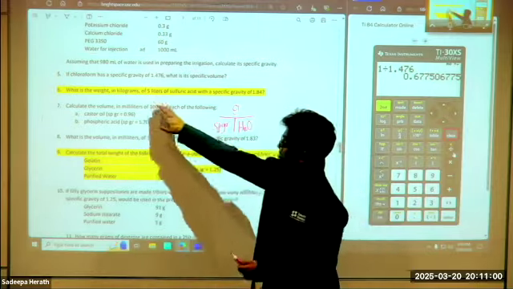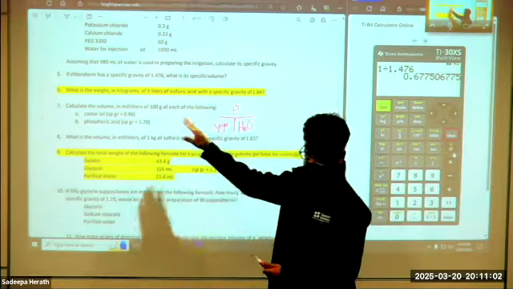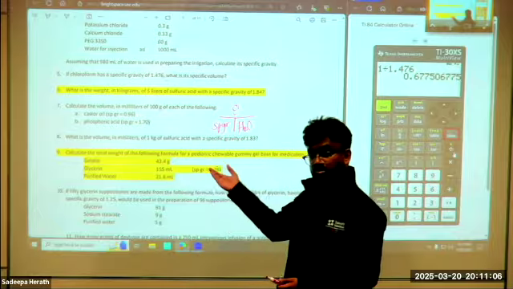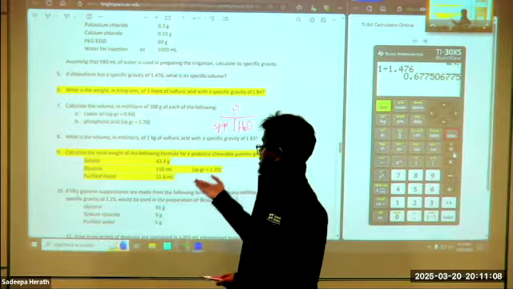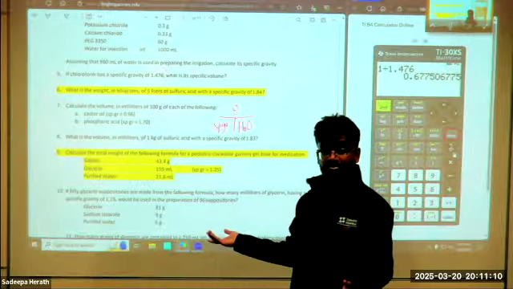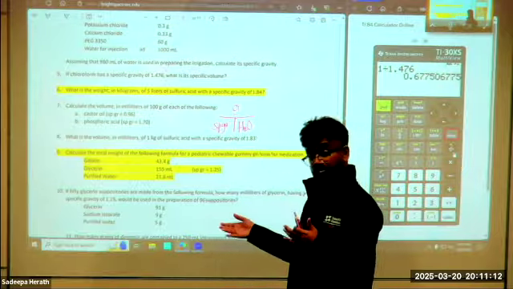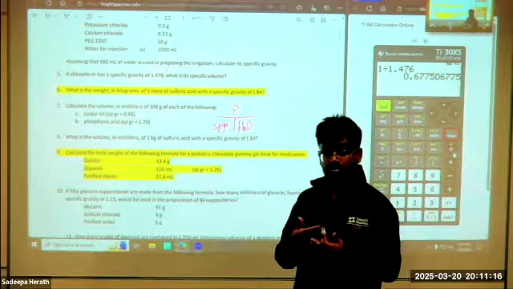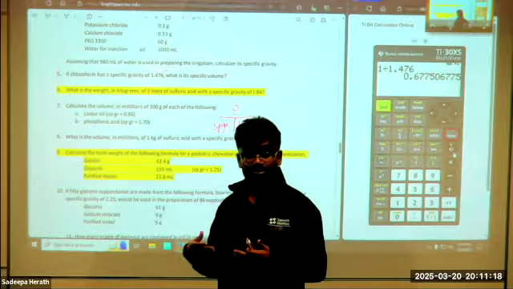So if they give us liters of sulfuric acid, that can be converted into grams or ml of H2O. So that's why I put H2O by itself. It can be grams or ml exchangeably.